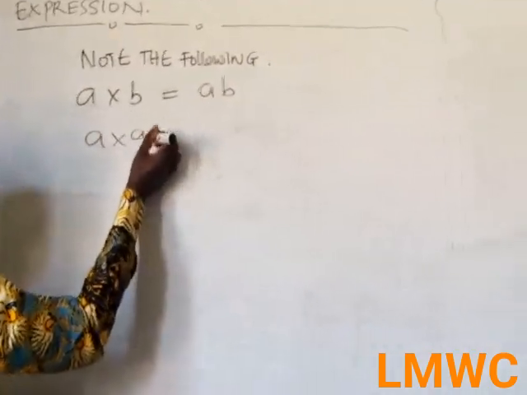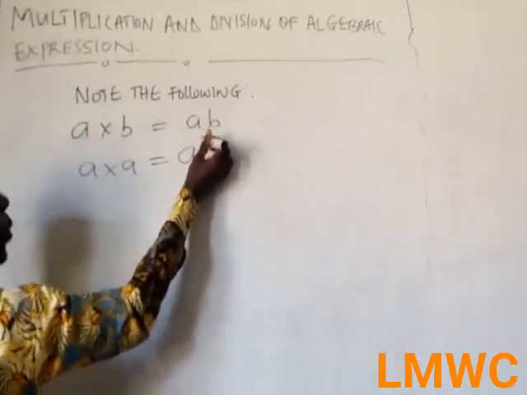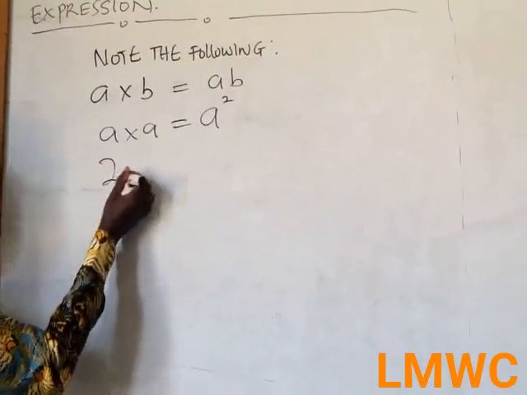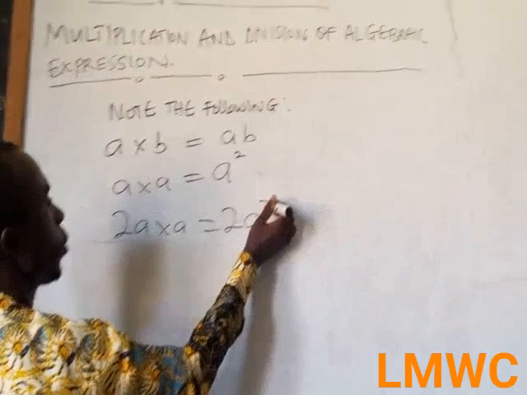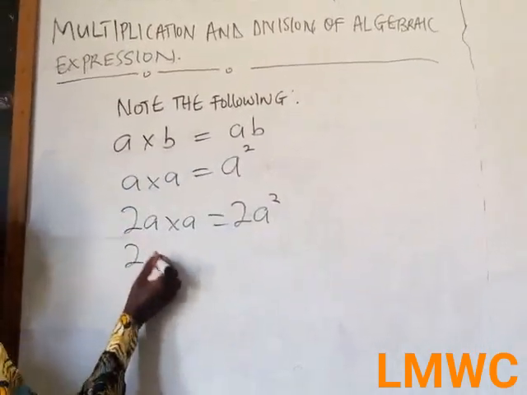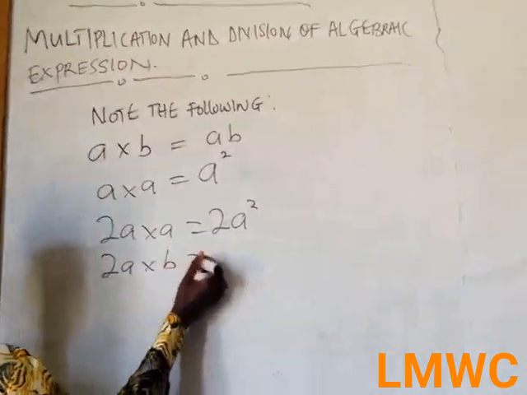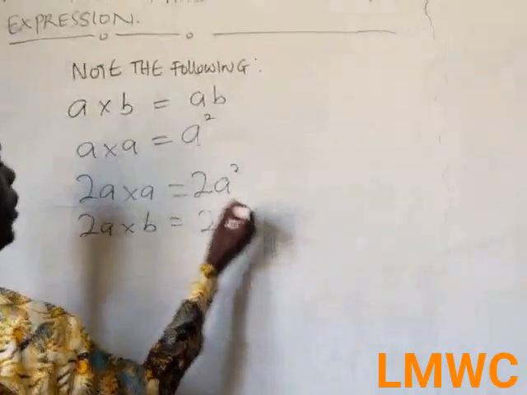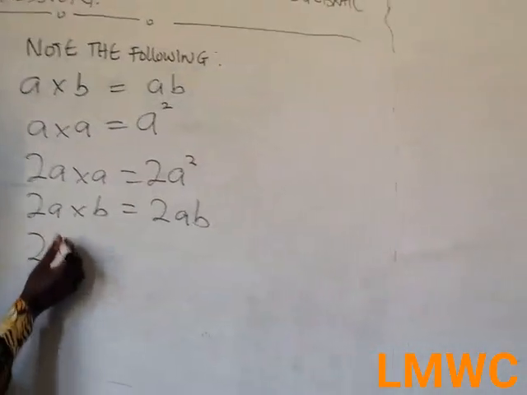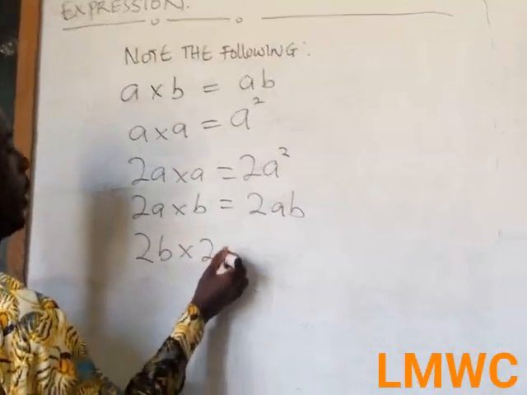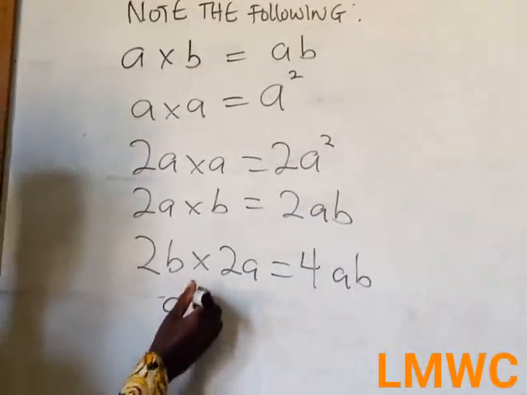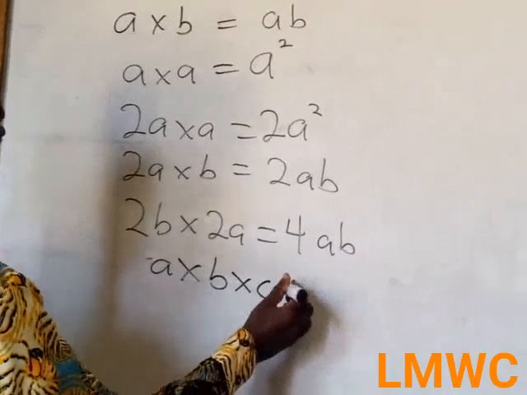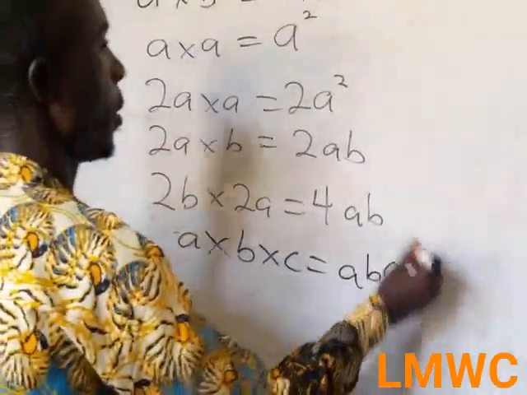A times A is the same as A squared. 2A times A is the same as 2A squared. 2A times B is 2AB. 2B times 2A is 4AB. A times B times C is ABC.